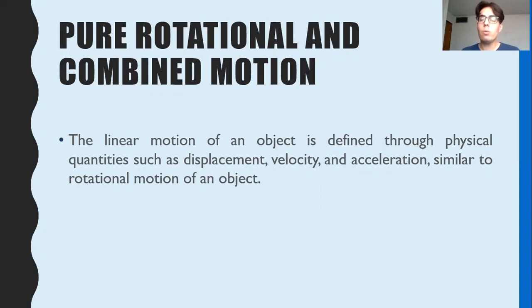And when we're talking about rotational motion, it has really similar concepts. Instead of displacement, you're gonna call it angular displacement. In this case, instead of measuring it in meters, you're gonna talk about radians or angles, or degrees.